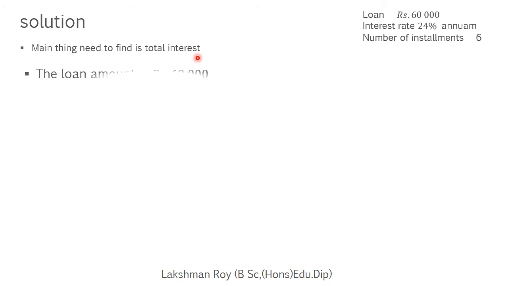As explained earlier, the loan amount is 60,000. That means the person pays the loan amount of 60,000 within 6 months.